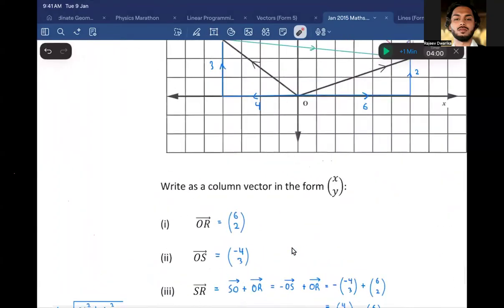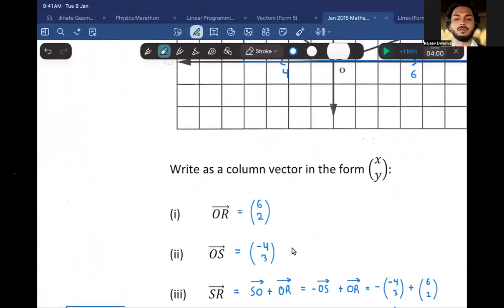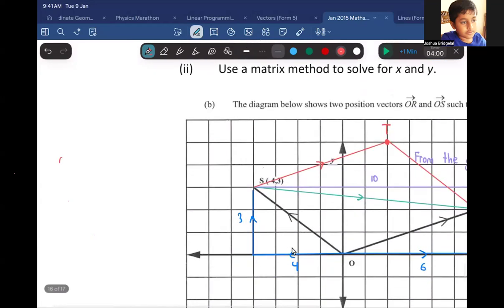Right, before we begin, Joshua, just remind me, what was vector OS? -4, 3. Great. And if this is a parallelogram, then vector OS is supposed to be equal to what, Joshua?